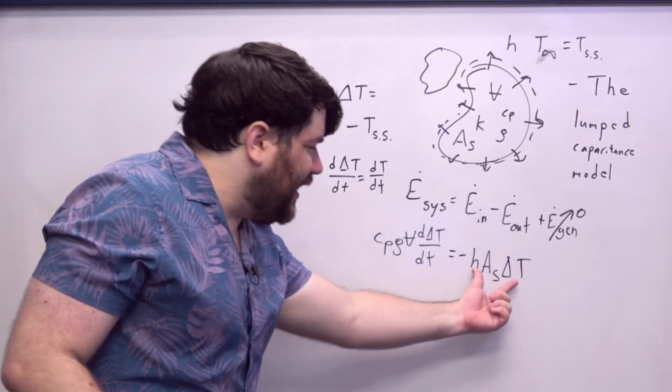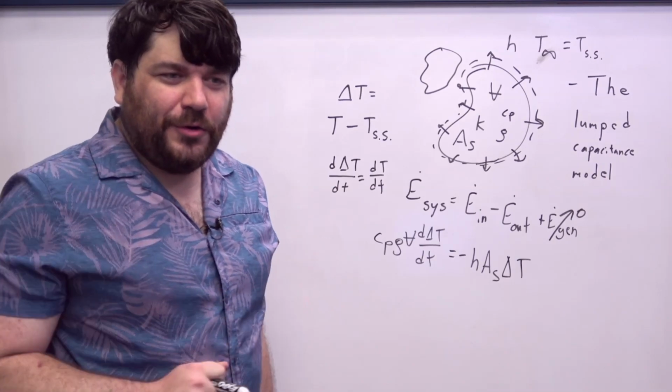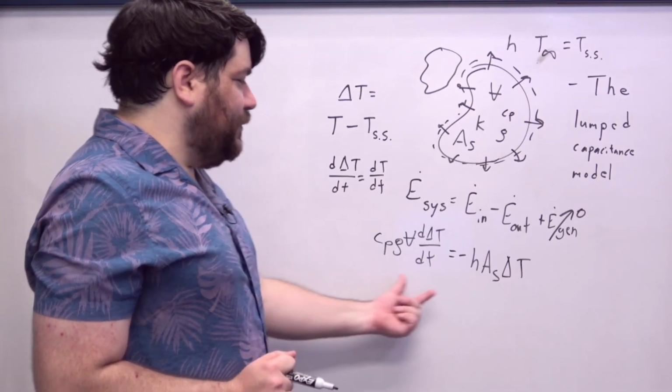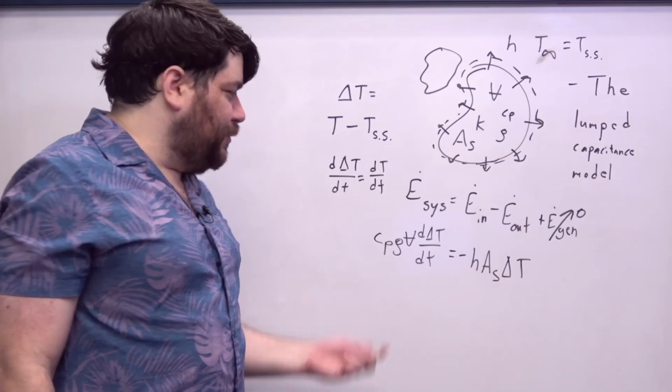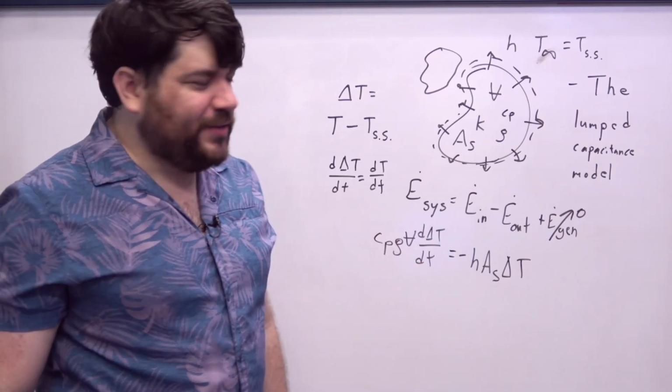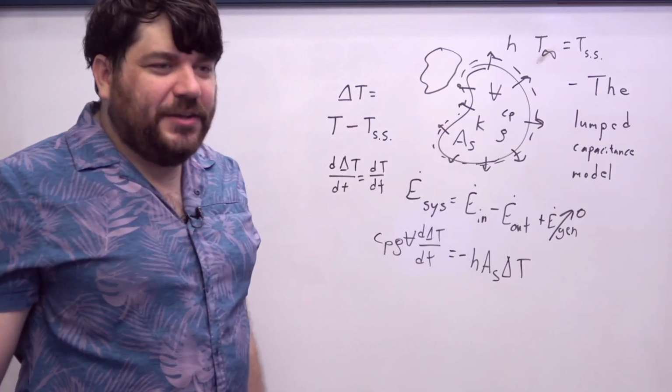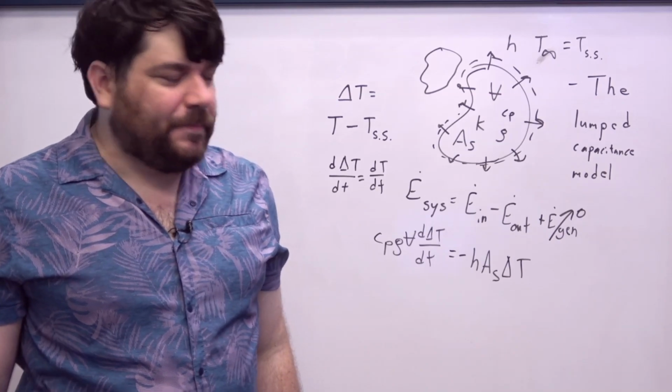And so now we have created a first order ordinary differential equation that we can straightforwardly solve to get the temperature difference between this object and its steady state value as a function of time.